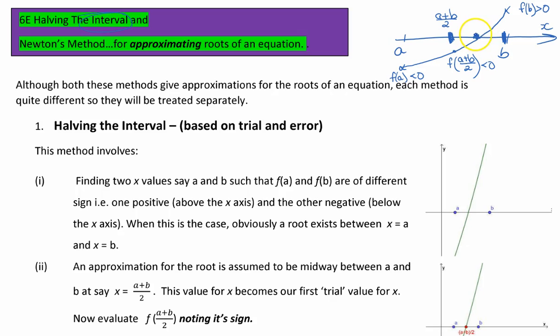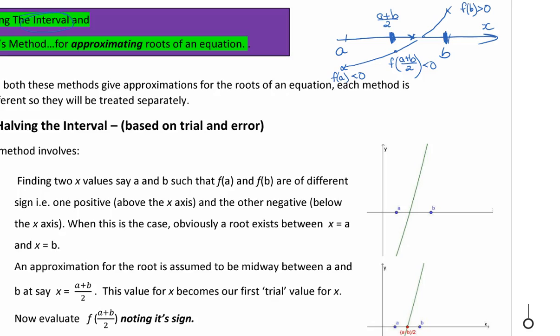However, if at halfway we were still above, let's just say halfway between these two now is here, and, whoops, no, we want the other way, sorry. Let's say we've established now this halfway point, the function value was a positive number.